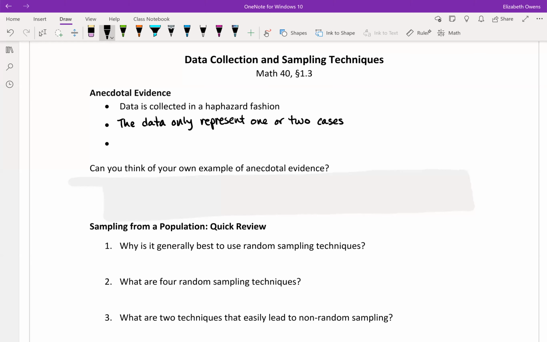Okay, so it's not a fully fleshed out survey or study or anything. And so for that reason, it's really unclear whether these few small pieces of data are actually going to be representative of what's really going on. So it's unclear whether the data actually represent the population.